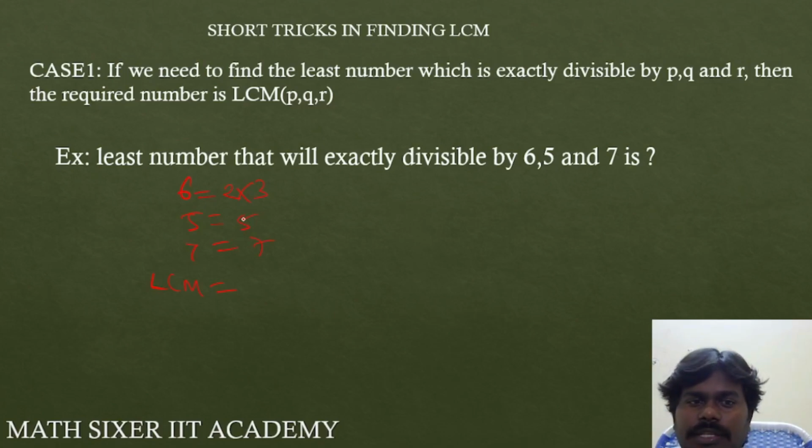So here there are no common factors. So the product of all the factors is nothing but our required number. So 5 2s are 10 and 7 into 3 is 21. So 210 is our required LCM of the given numbers. So 210 is the least number that is exactly divisible by all the numbers 6, 5, 7.